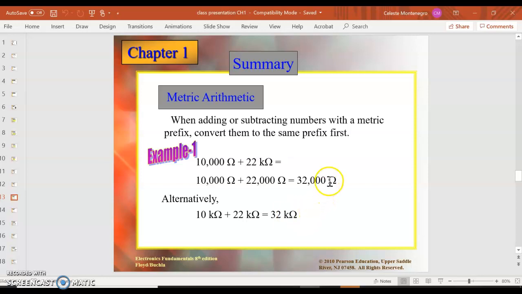It can be represented in regular form, then you write 32,000, just a regular number. If they ask you to represent it in scientific notation, then it'll be 3.2 times 10 to the power of 4, or if it is asked to be represented in engineering notation, it'll be 32 kilo ohms.